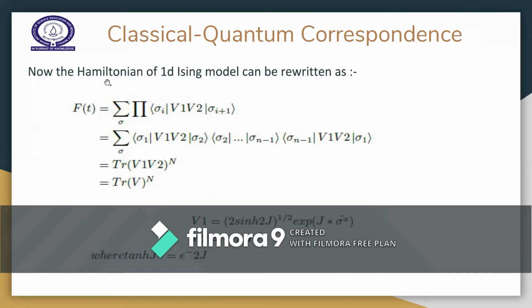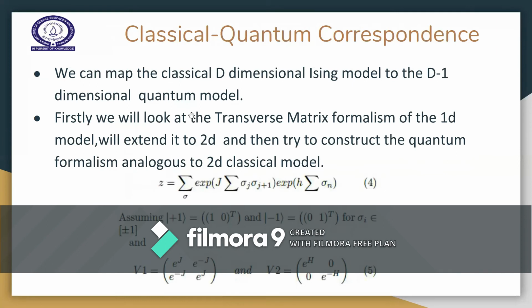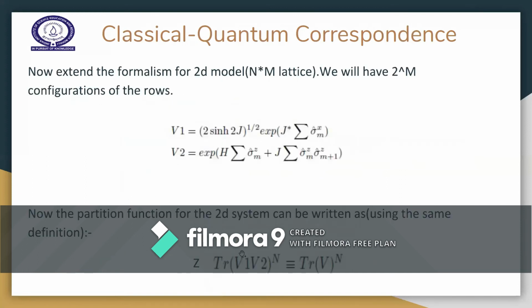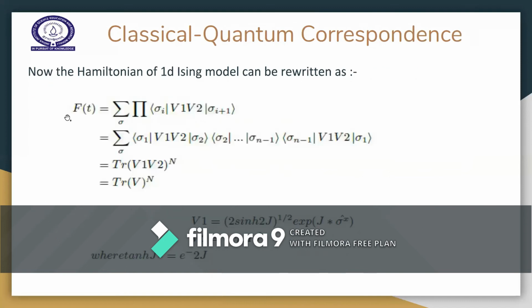So the Hamiltonian of the Ising model can be rewritten in the form of these two matrices V1 and V2 that we defined here. This is the new Hamiltonian, and now we find this Hamiltonian in terms of the V matrix, which is nothing but the product of these V1 and V2 matrices.